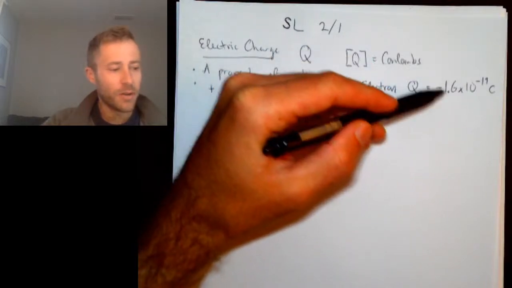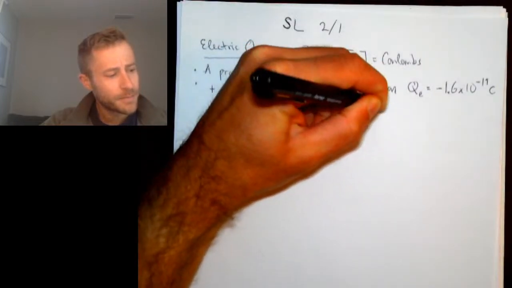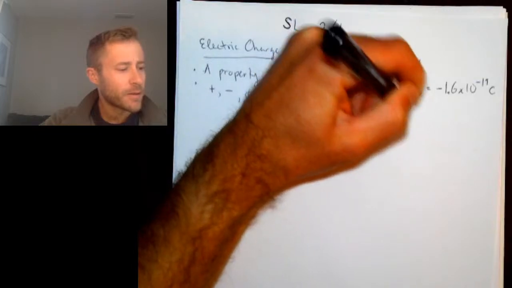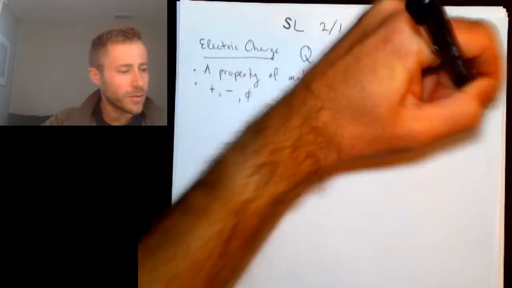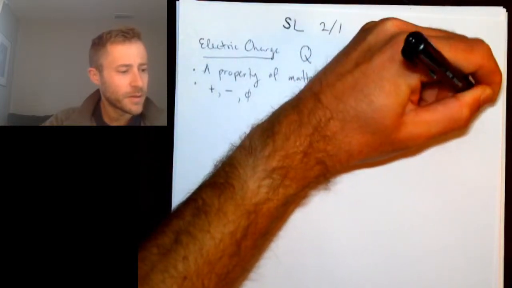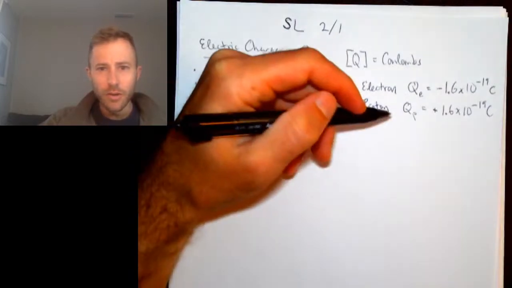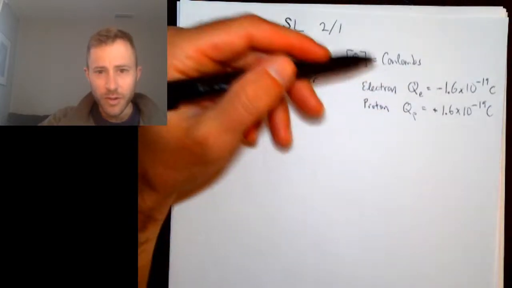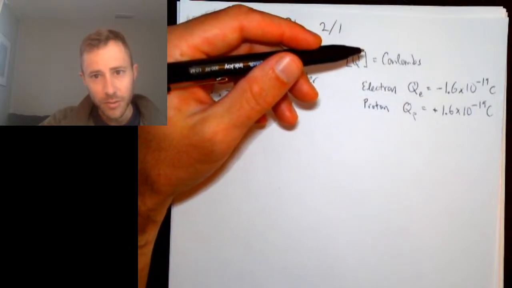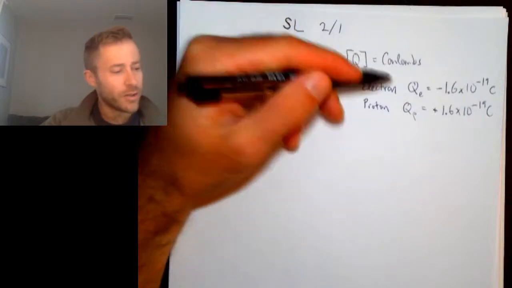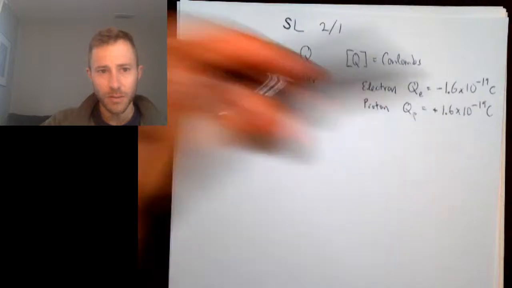Or a smaller amount. The charge of a proton, Q sub p, is plus 1.6 times 10 to the minus 19 coulombs. Okay? So we don't think you could have, for example, 1 times 10 to the minus 19 coulombs, because the smallest positive amount of charge that you can have, we think, is this amount. Okay?